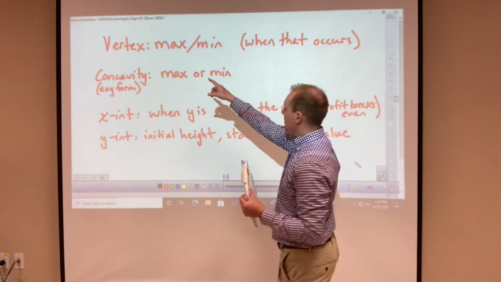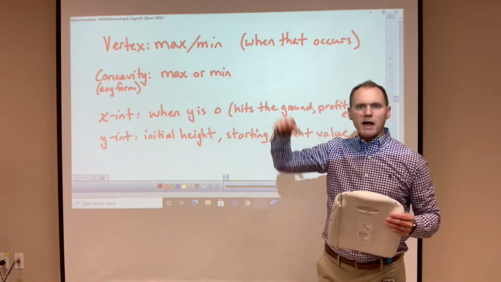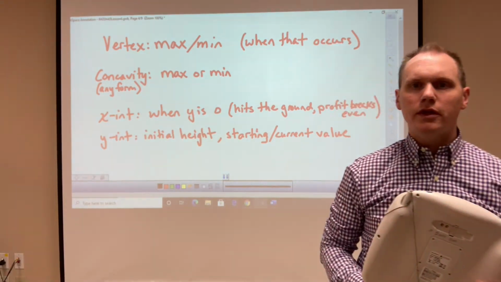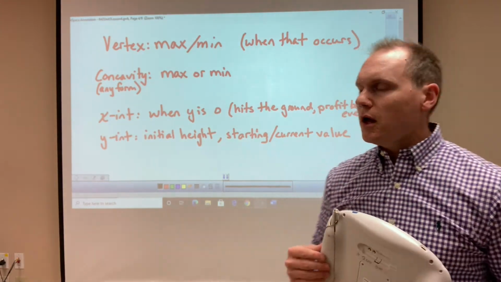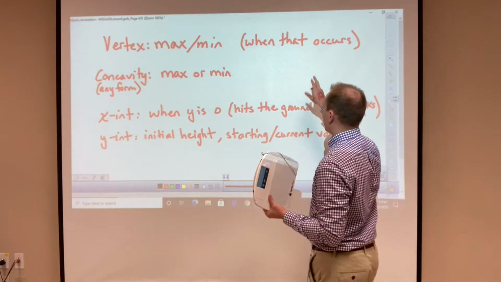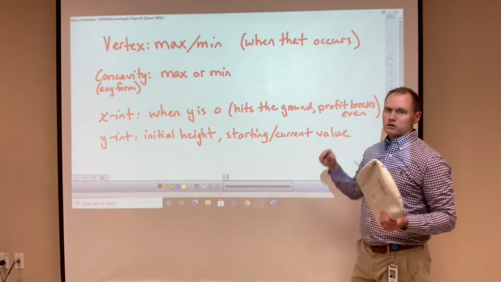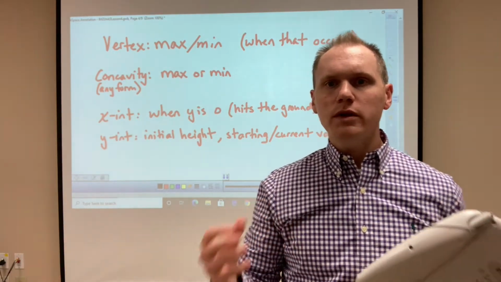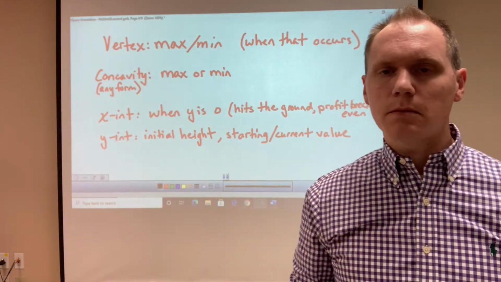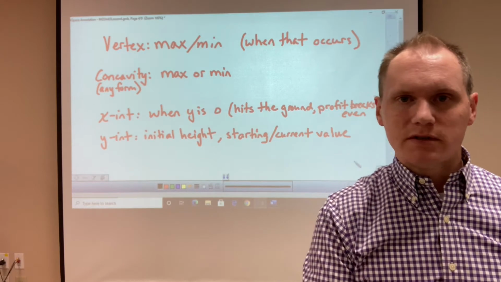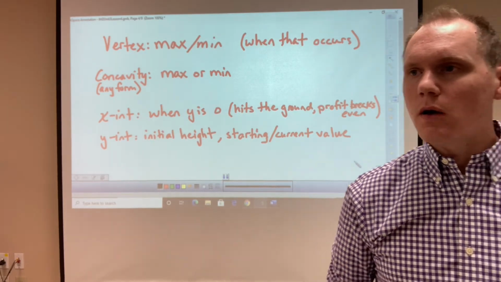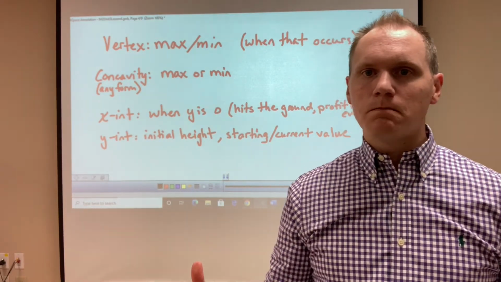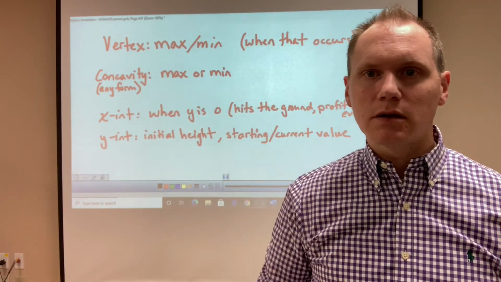Regardless, the vertex tells us the minimum or maximum value that the function takes on. It also tells us, if you think about the x value involved, when that occurs. So the y value is the max or min. The x value tells us when that occurs if it's in terms of time. So what month does that max or min profit occur? At what second does the ball reach the maximum height? That kind of thing.